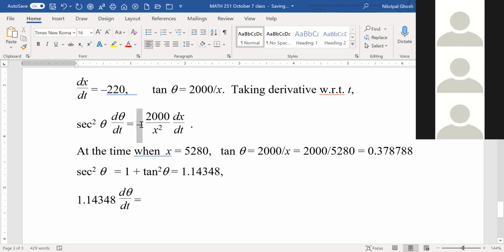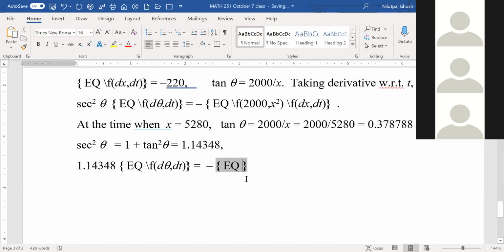One is this negative sign times 2000 divided by x square. I'm going to write it that way. 2000 divided by x square, where x is 5280.